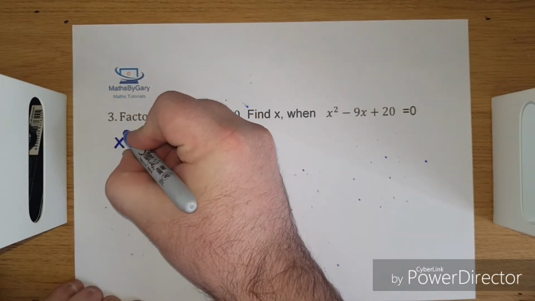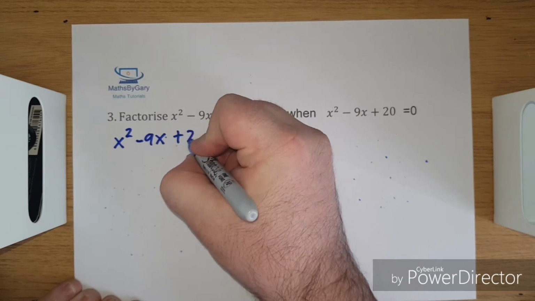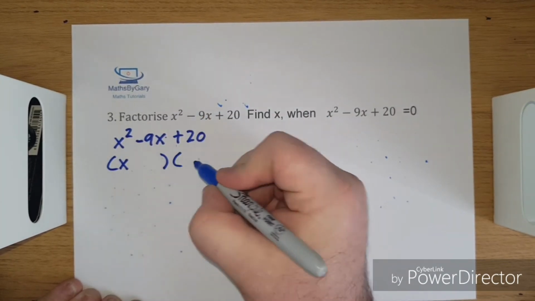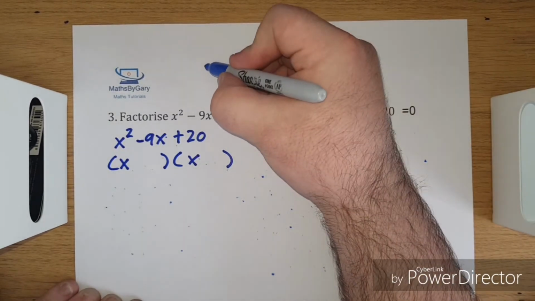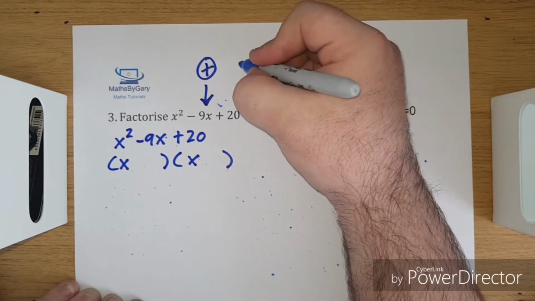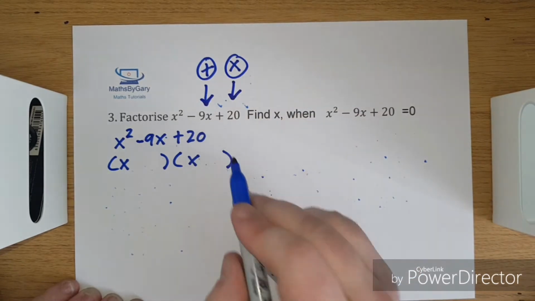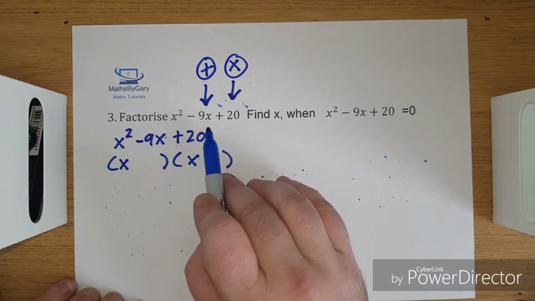Now last but not least, we have x squared minus 9x plus 20. So we write out x squared minus 9x plus 20. We'll start with (x )(x ), open close brackets, multiplied by open close brackets. Again, we want to add the two numbers to give us minus 9 and multiply the two numbers to give us 20. So which two numbers added together gives minus 9?